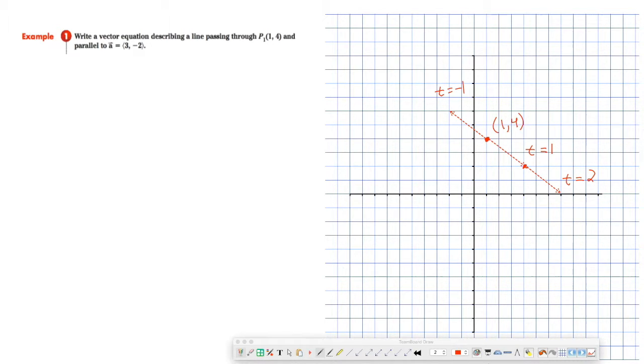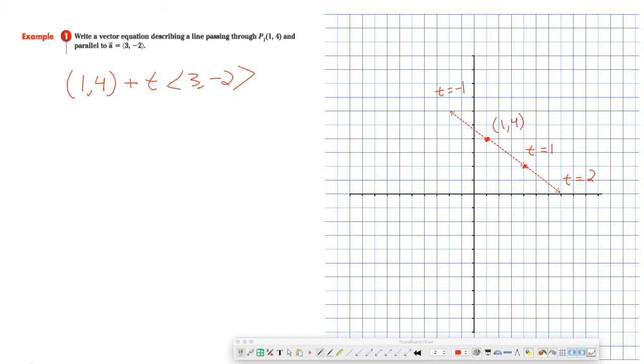They didn't ask that. They said, write a vector equation describing the line. Well, the vector equation is, whoops, I must use the wrong notation. We start at the point 1, 4 plus t times the vector 3, -2.